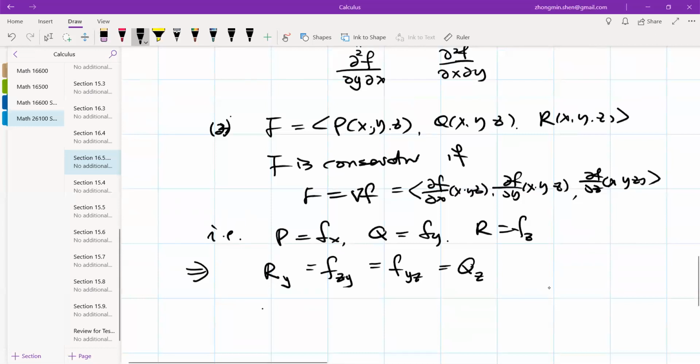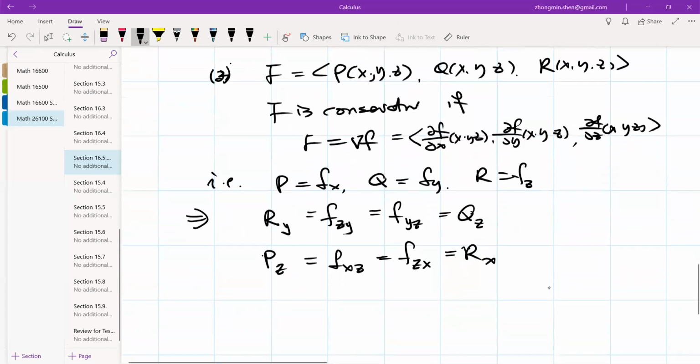And then P sub z. What is P? P is f sub x, then z. Then you exchange these two variables, f sub z x. f sub z means the partial derivative of f with respect to z, so f sub z is R, and this is R sub x. Great.